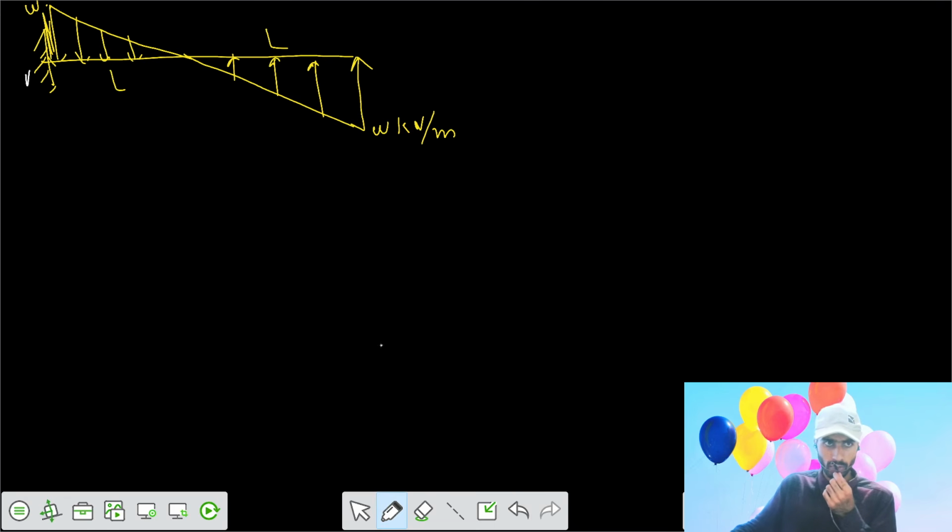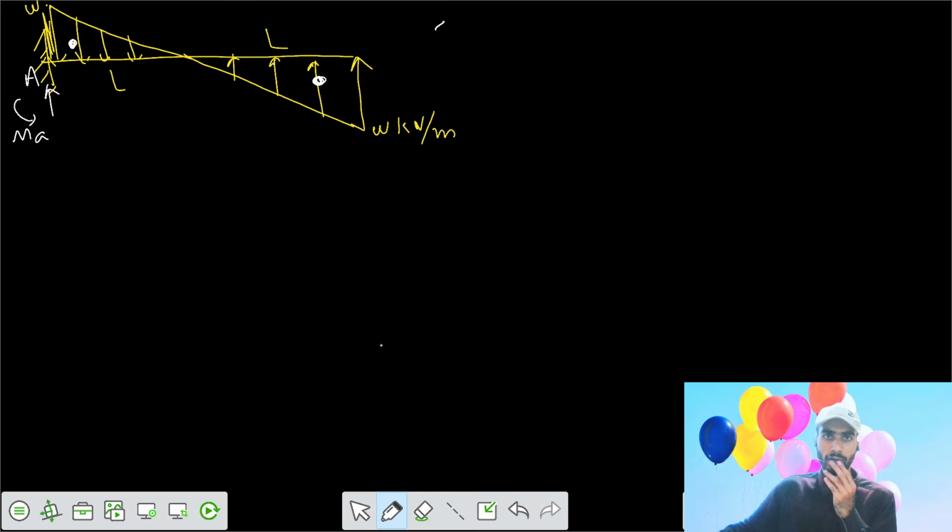Say this is your support A, and the reactions developed here are RA and moment MA. The centroid of this uniformly varying triangle is here, and the centroid for this one is here.